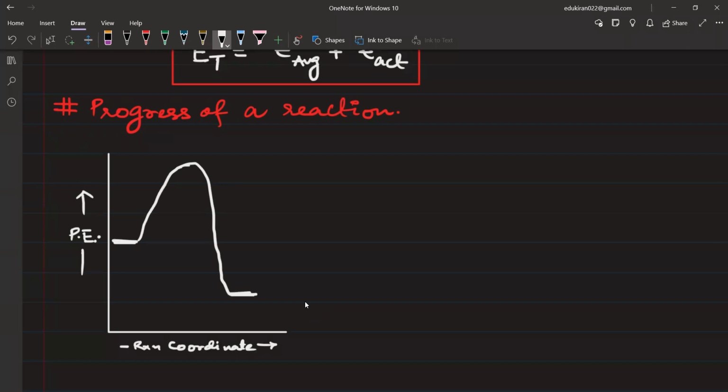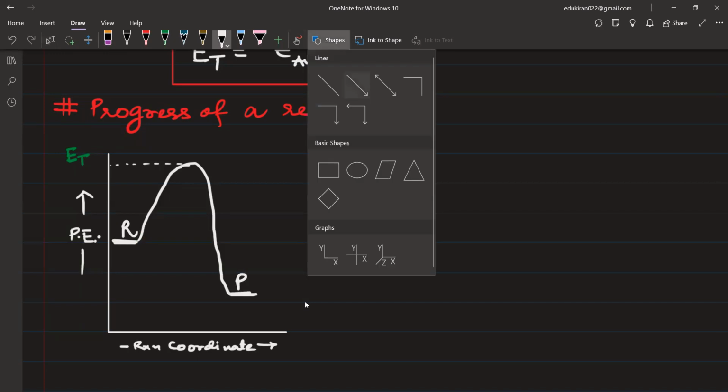So what are we having here? This is my ET, the threshold energy. And this is my E average of all the reactant molecules. Right here is the reactant, and this is my product. Now the activation energy is going to be this.